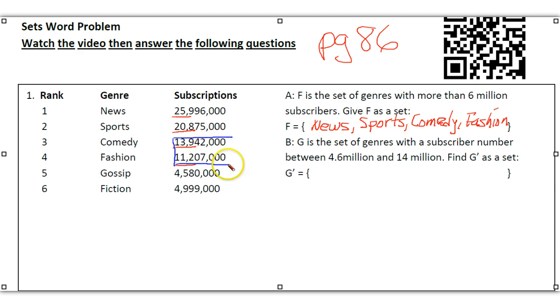So then what would be G complement? Well, it would be these four up here. And these could just be listed then there. News, sports, gossip, and fiction. Now, when I looked at the answer key, they included this one up in G, but it doesn't seem to be, so whatever.